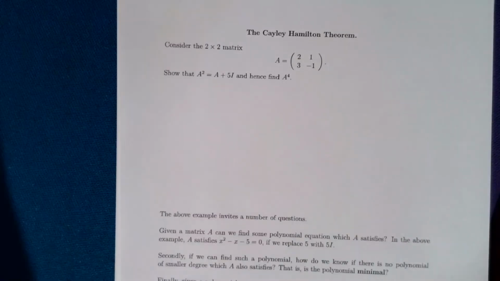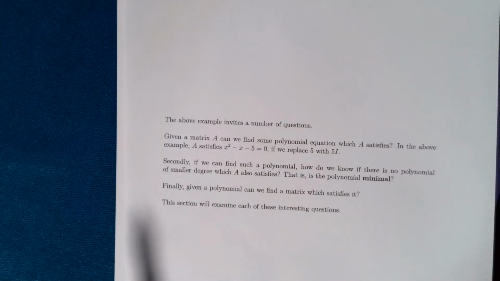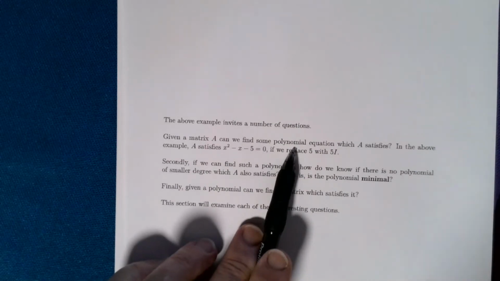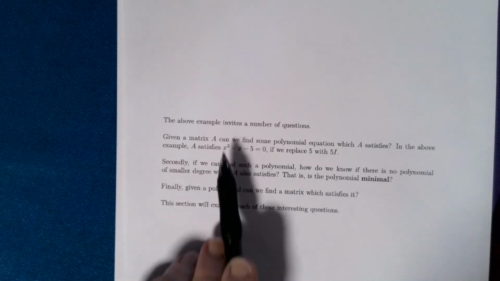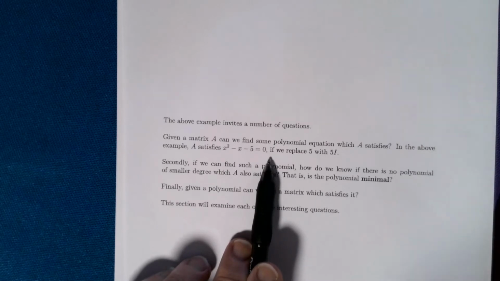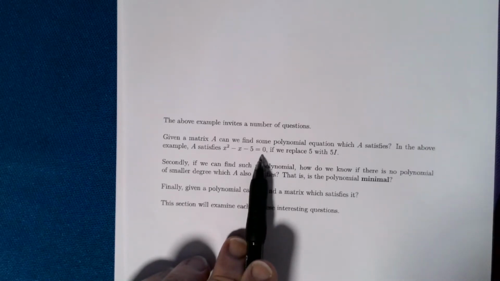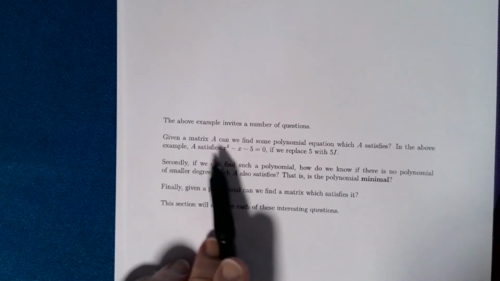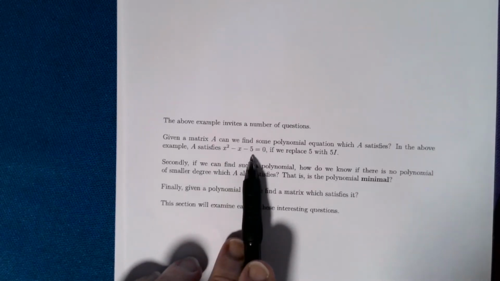So this example invites a number of different questions. Firstly, given a matrix A, can we find some polynomial equation which A satisfies? So in the above example, the matrix A satisfies this quadratic equation, x squared minus x minus 5 is 0. What we do is we simply replace 5 with 5I and replace x with A, so we get A squared minus A minus 5I is 0.